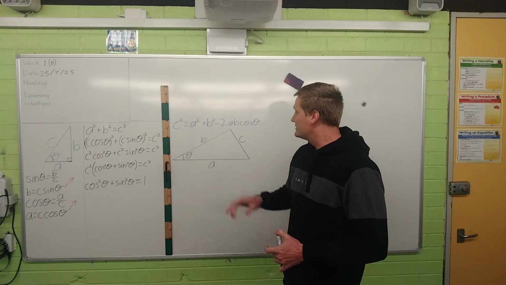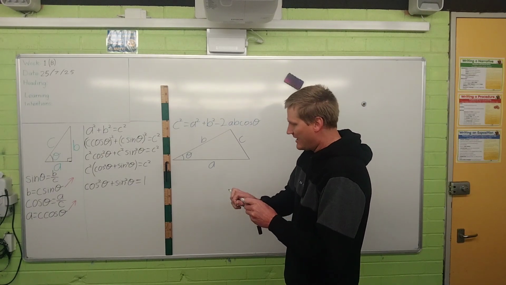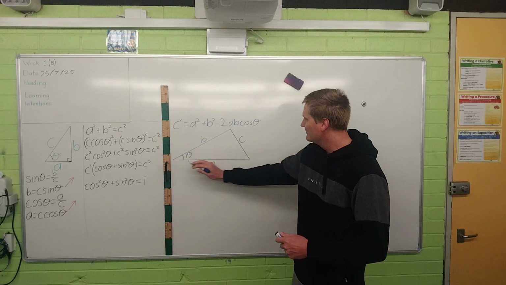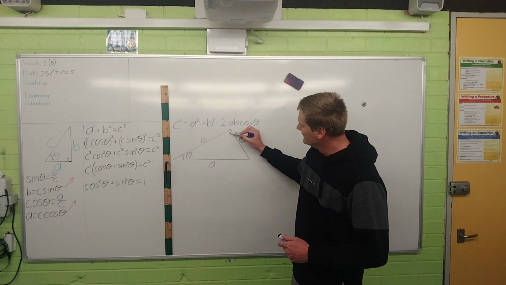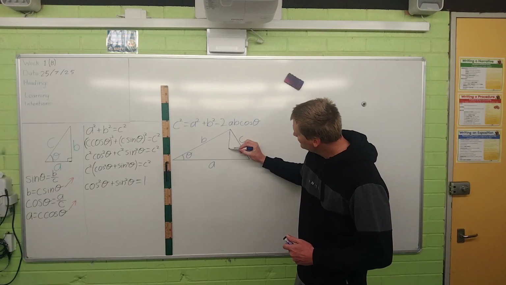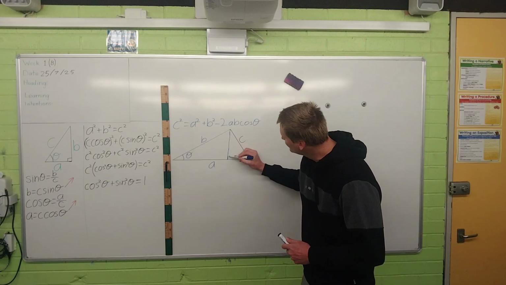angled triangle. So, where it comes from, first we're going to draw a line that is perpendicular with our side A here and passes through that vertex, which gives us two 90-degree triangles.